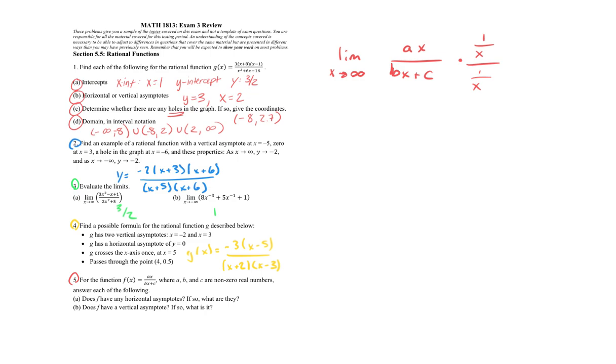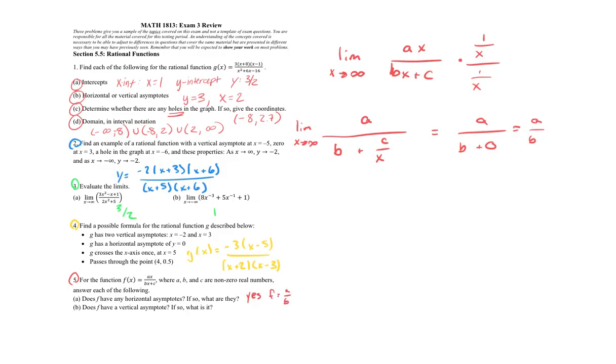They're just some number, some constant. So what we find is that we'll have a over b plus c over x. Now if I take the limit as x approaches infinity, we will have just a over b plus 0, or a over b. We could have gotten that just by dividing the coefficients of the highest terms right away. So we're going to say yes, the horizontal asymptote is y equals a over b.